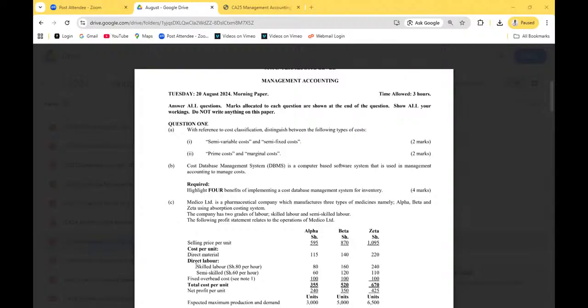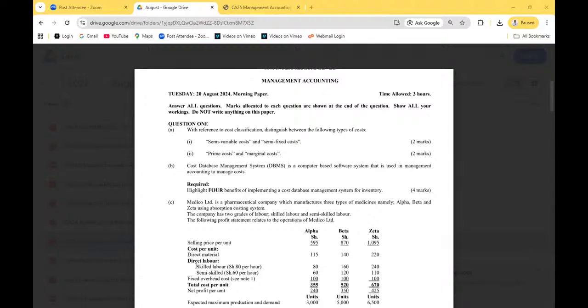Semi-variable as fixed cost, which remains constant, as the variable cost changes with the changes in production. Semi-variable is partially fixed and partially variable, where the fixed remains unchanged regardless of the output, while the variable changes according to the consumption.